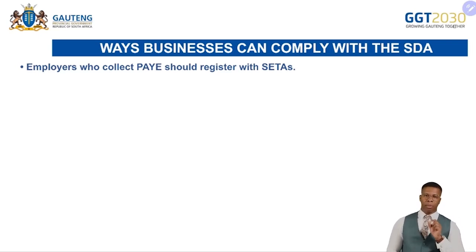And when we are talking about sectors, we are talking about primary, secondary, and tertiary. So these sector education and training authorities would basically take care of the education that would take place in the primary sector, in the secondary sector, and in the tertiary sector. Hence we say they are authorities, meaning they have power on which education should take place in the primary, secondary, and tertiary sector.